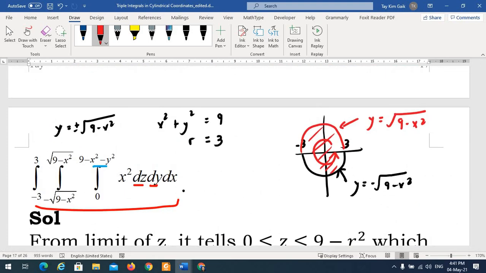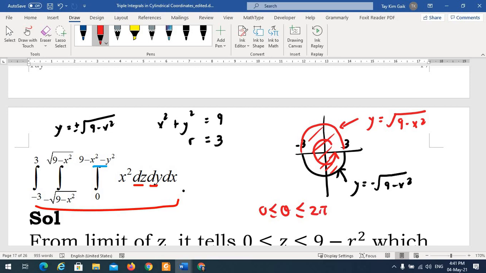Look a couple of times. Limit of y, the black is y equal to negative square root of 9 minus x squared, until the red, which is y equal to positive square root of 9 minus x squared. X from negative 3 to positive 3. So this is a full circle, theta will be from 0 to 2 pi.